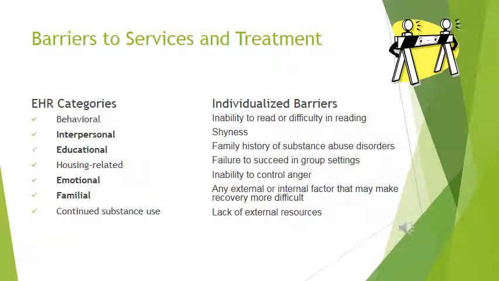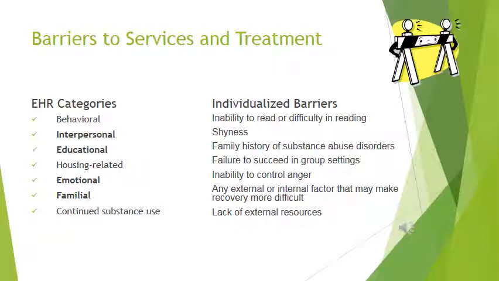The electronic health record may also prompt you to identify barriers to services and treatment. And in this case, I've put the EHR categories on the left-hand side, and we can match up the individualized barriers on the right-hand side to some of the categories. For example, an inability to read or a difficulty in reading. If we look through the list of potential categories, we might put that under educational. How about shyness?